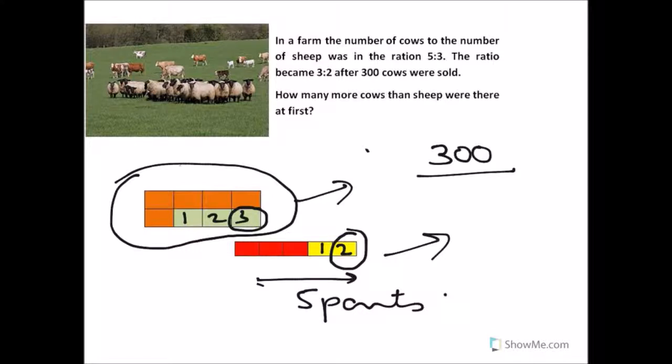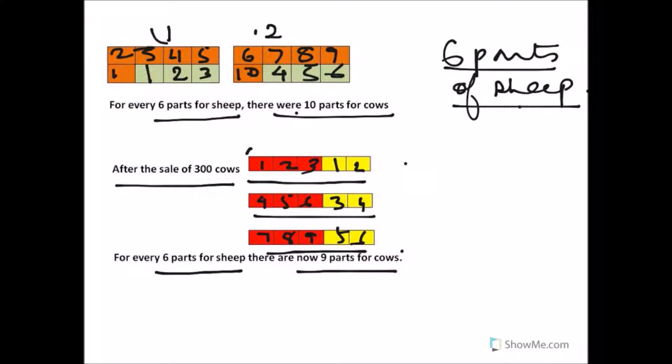So what is our hint? The number of sheep in the farm remains the same. So how do we compare now? That is the reason we got two parts of the same ratio, and here we have 6 parts of the sheep.